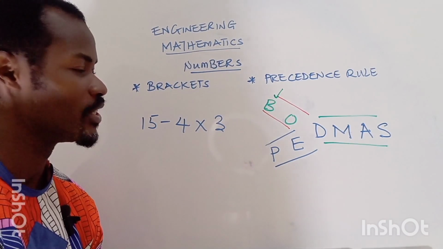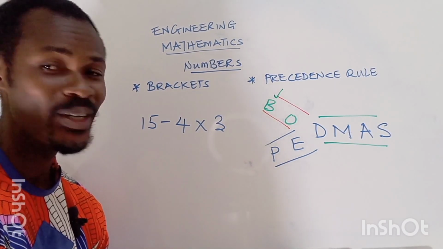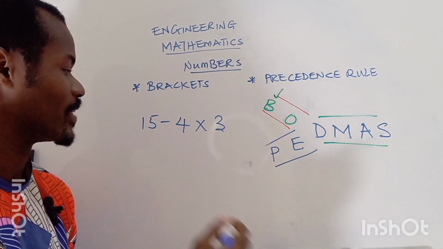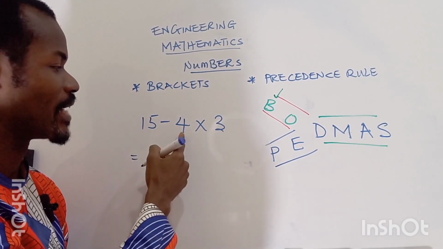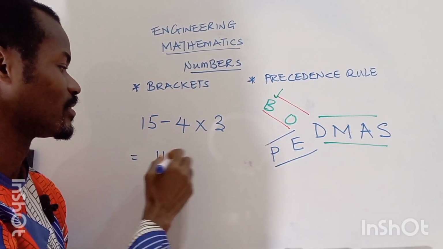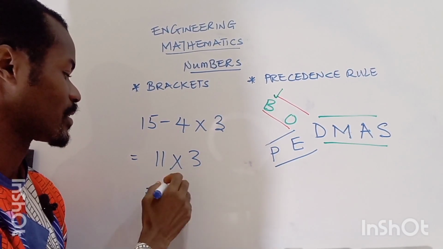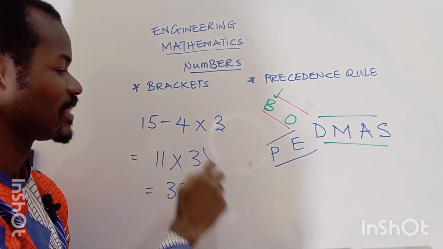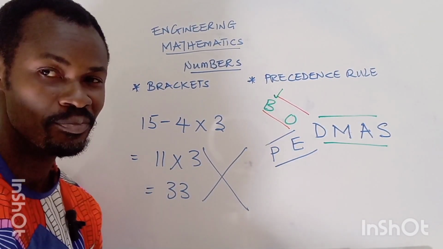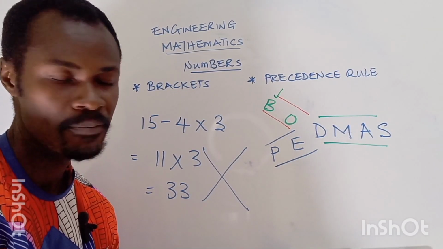Now if you have a question like this to solve, most students will want to solve it like this: 15 minus 4 is 11, times 3, which is 33. Now this is wrong.